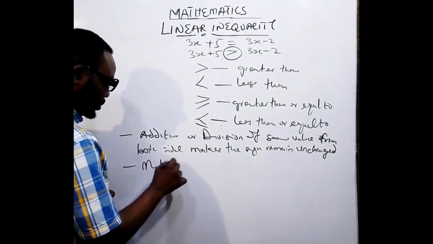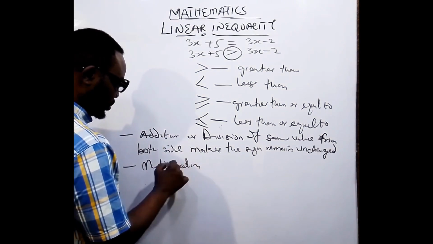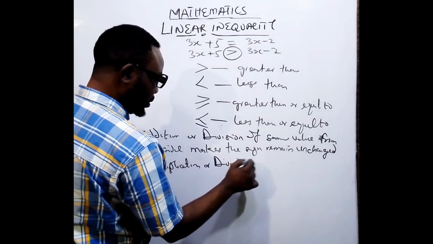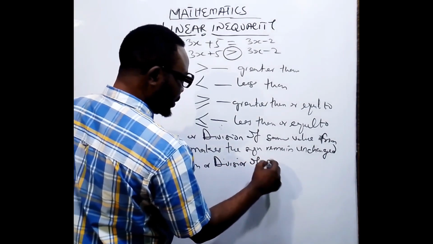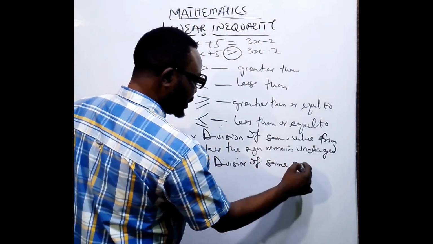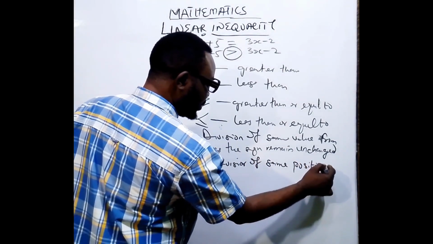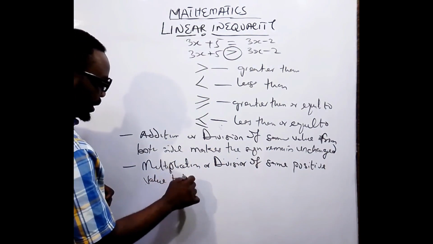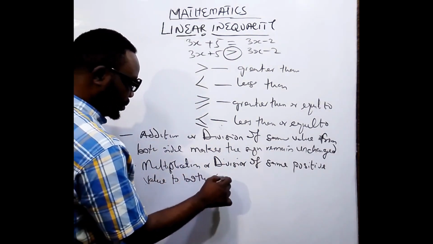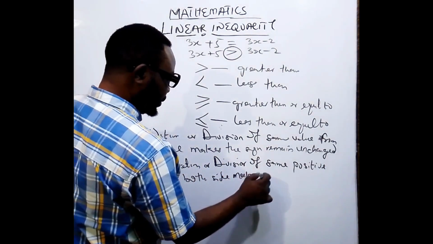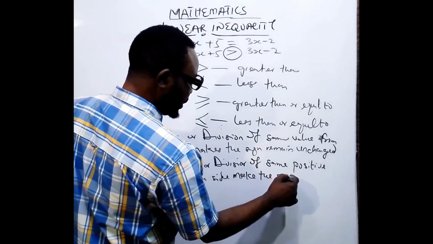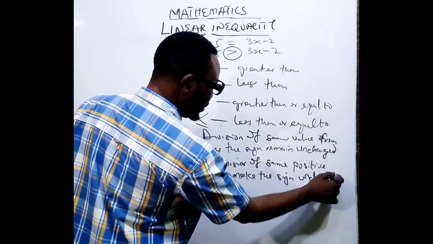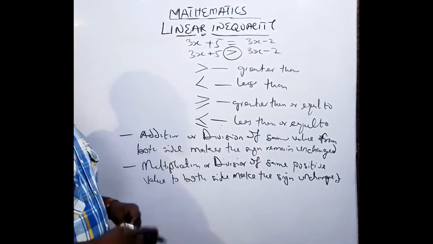Multiplication or division of the same positive value to both sides makes the sign unchanged. That's another condition there. You have to take note of that.